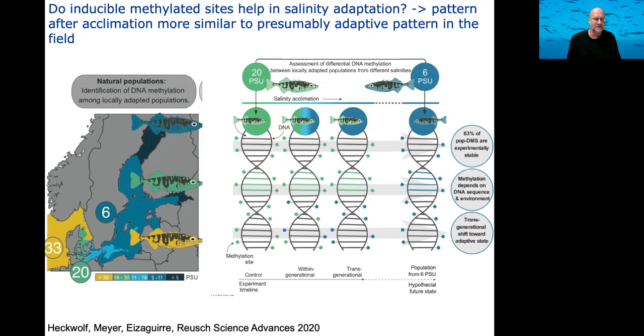So in other words, inducible methylation most probably contributes to salinity adaptation via transgenerational plasticity. And that also makes sense if we look at where those methylation marks are. They are enriched in areas that are responsible for osmoregulation. So a very nice story that I can recommend to read in more detail.